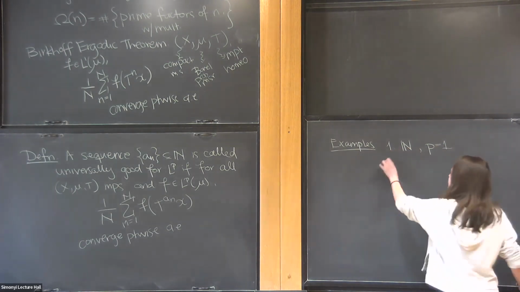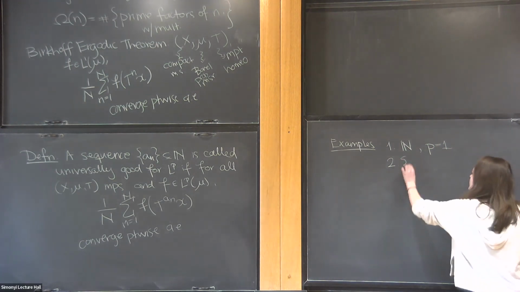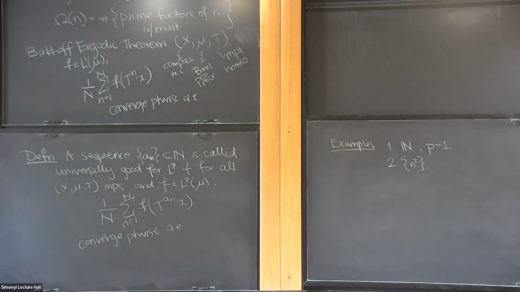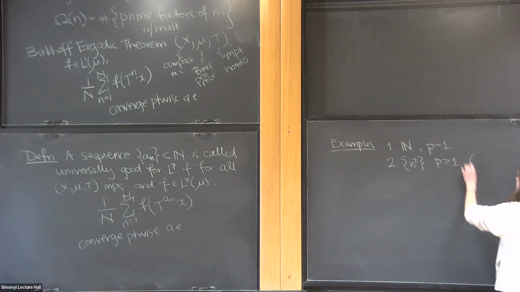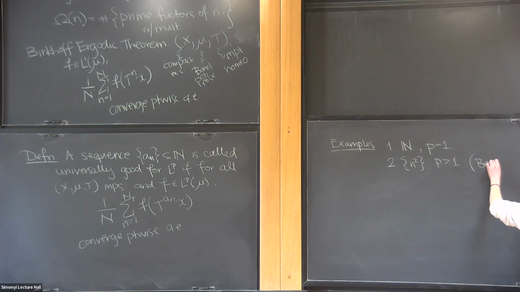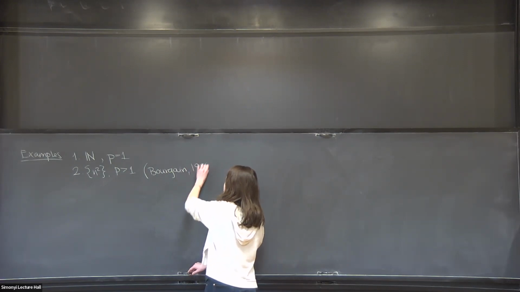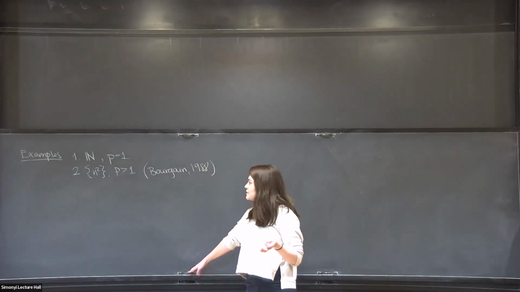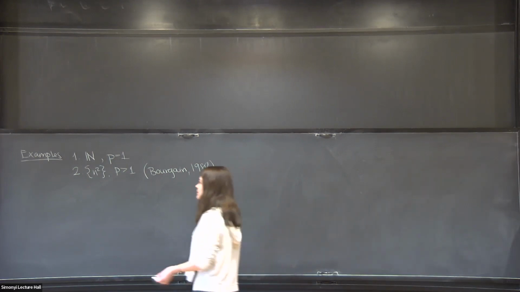The next sequence that I think people looked at was the set of perfect squares. This was shown by Bergelson in 1988: the set of squares is universally good for L^p for p strictly greater than 1.